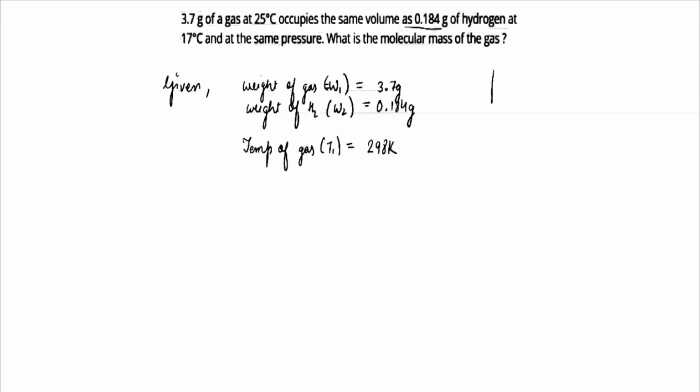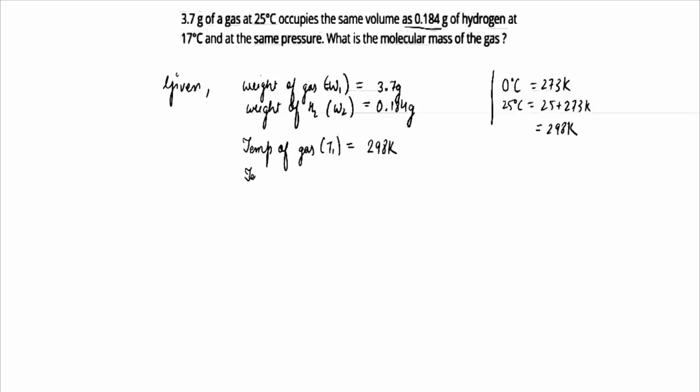Always remember to convert degree Celsius into Kelvin. Since it is given as 25 degrees Celsius, we add 273, so 25 plus 273 K comes out to be 298 Kelvin.